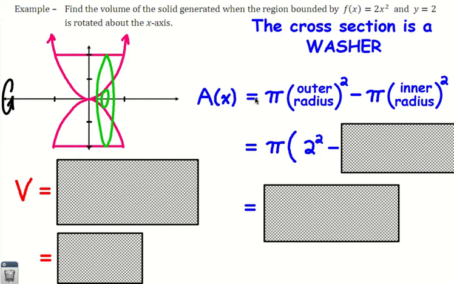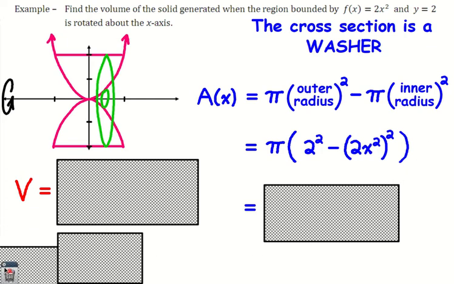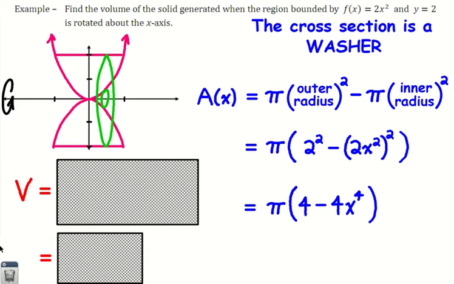So the outer radius is 2, so 2 squared. And the inner radius, from here to here, since it's just from the x-axis to this parabola, we can describe the inner radius as the function 2x squared. And this can even be simplified a little bit more.